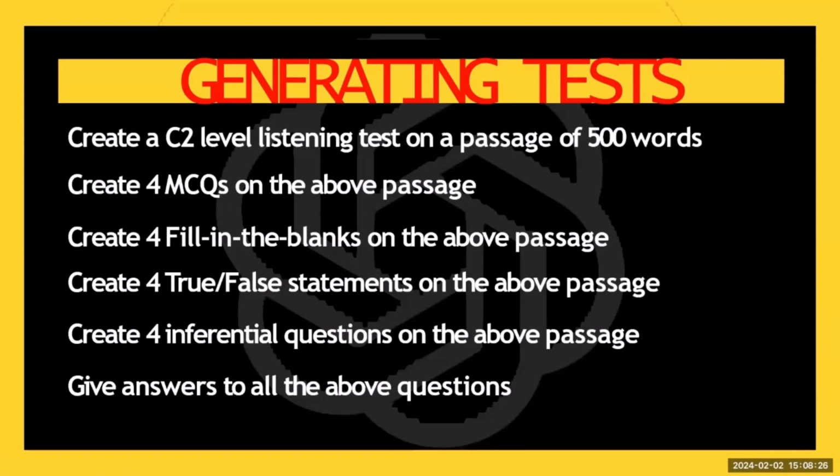Once the passage has been generated by ChatGPT, I then move on to the next prompt, create 4 MCQs on the above passage. After that, I go to the next prompt, create 4 fill in the blanks questions on the above passage. Lastly, I say give answers to all the above questions. So I have the answers also with me, so that I can cross-check with my students. This is how I continue generating my test.